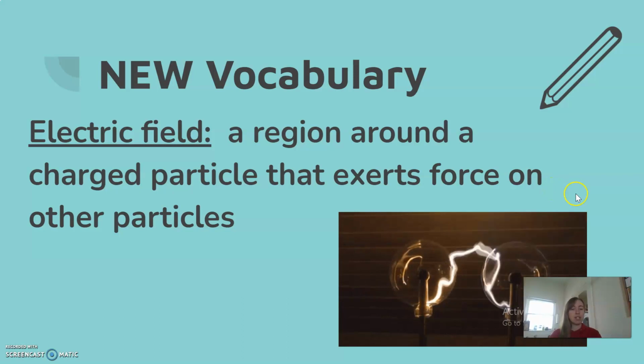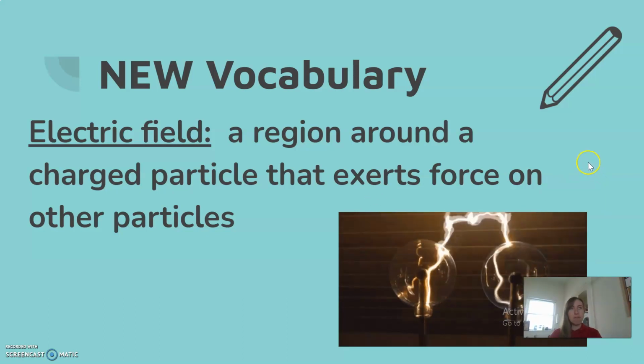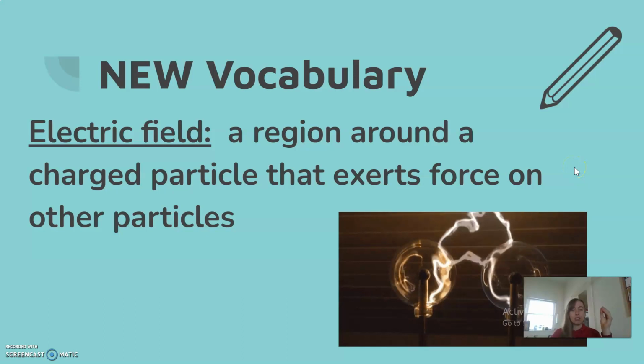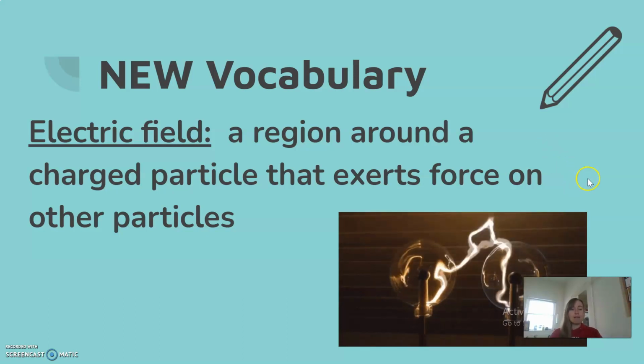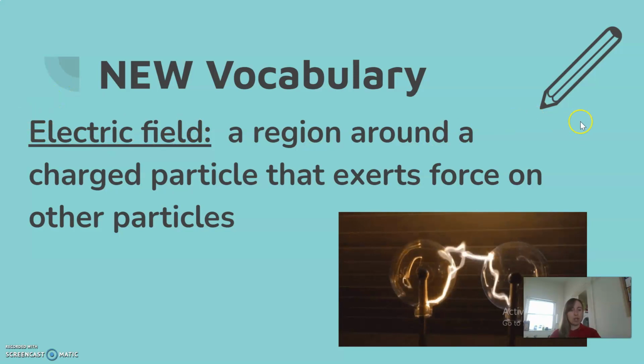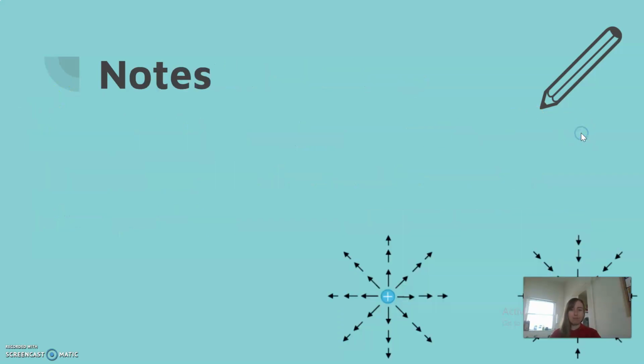Remember, we can't usually see electric fields, but we can sometimes see these things interacting. Lightning is another example of a time that you would be able to see electrons or these charged particles interacting. There are a few examples like that, but generally it's invisible. And of course, these electric fields have a lot to do with how we use electricity.